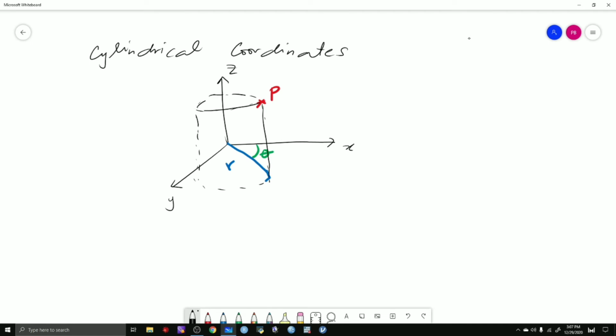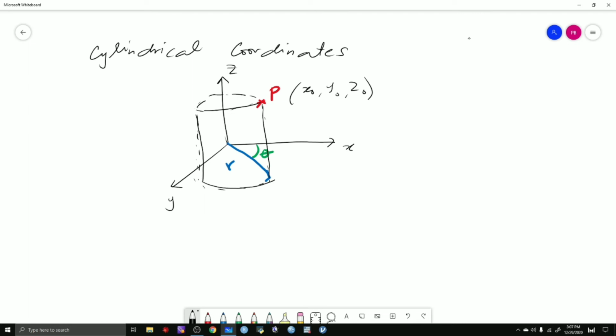Okay, so this is the figure of cylindrical coordinates. By its word cylindrical, it's like a cylinder. So here's the point (x0, y0, z0).